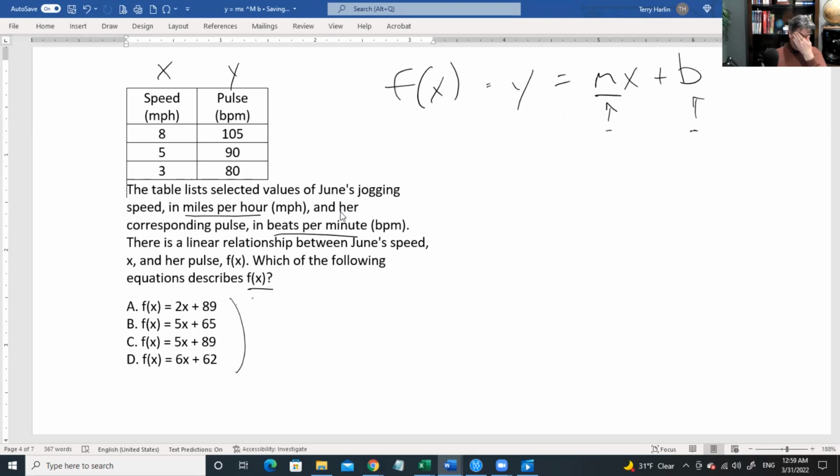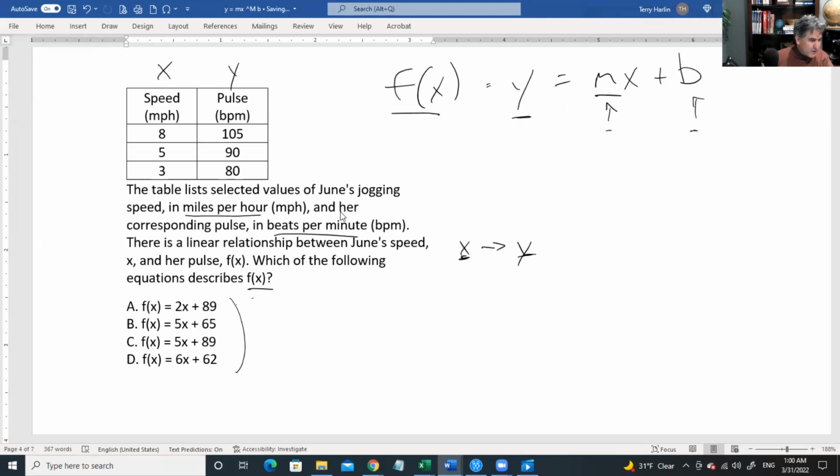So that means there is a linear relationship between the X and the Y. This is not a parabola. It's not a sine wave. It is a line, and X directly affects Y. Again, that is your independent variable affecting your dependent variable. So f of X is basically Y in this case.